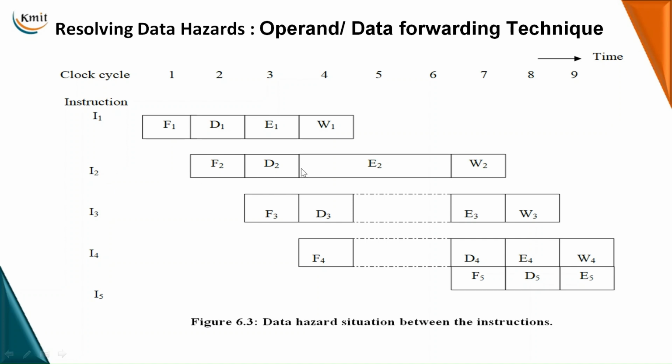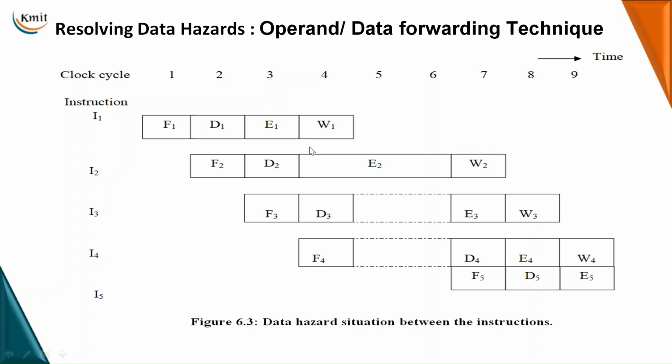The instruction I2 cannot move forward until the write back stage of the instruction I1 is completed at the end of the 4th clock cycle. In the operand forwarding technique, rather than making the instruction I2 wait until the 4th clock cycle, the output of the instruction I1 will be available at the end of the 3rd clock cycle in the intermediate buffer.